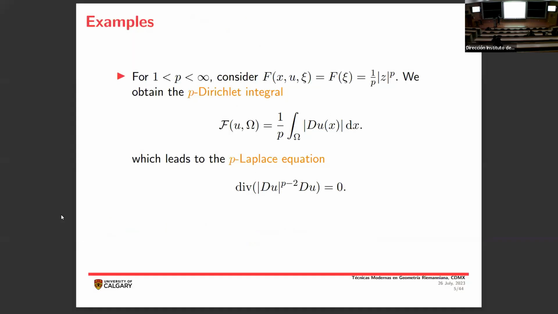But let's focus now for a moment on this example, the p-Dirichlet integral. To make things easier, let's make p equal to 2. The associated Euler-Lagrange equation will be the Laplace equation.